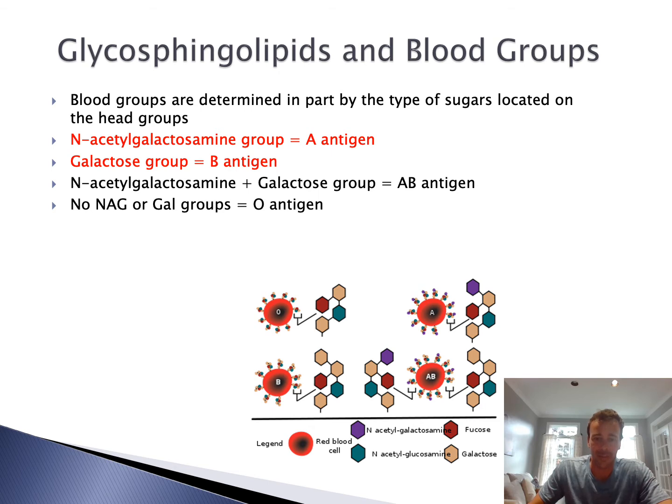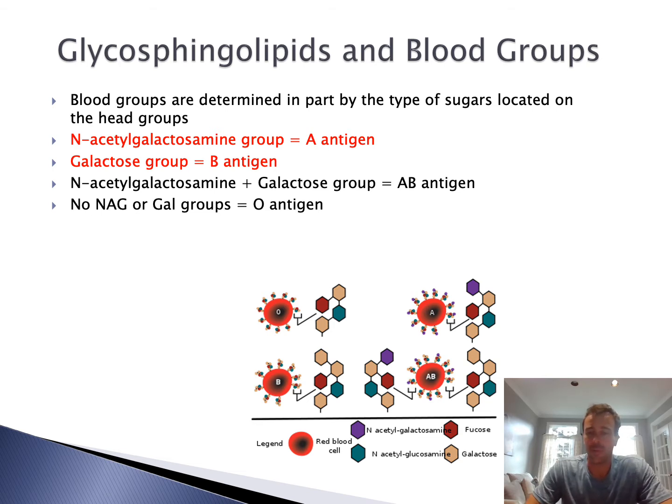If you have the B blood type, you have galactose. If you have both of them, then obviously you're the AB type, so you have the purple and the tan here. If you have neither one, you are the O antigen, or the O blood type.